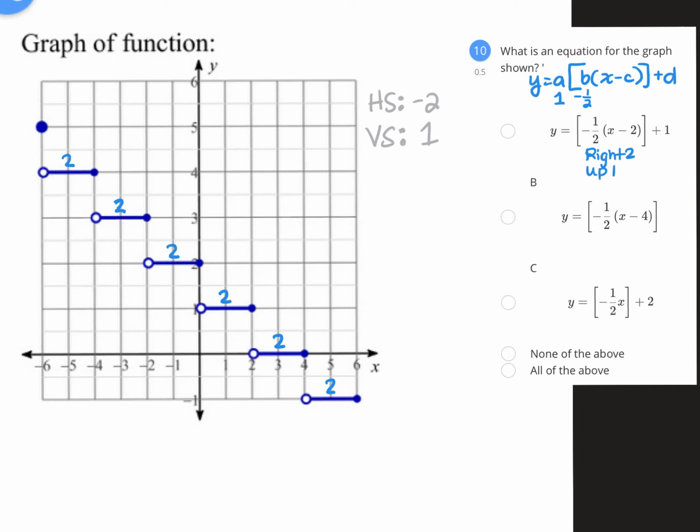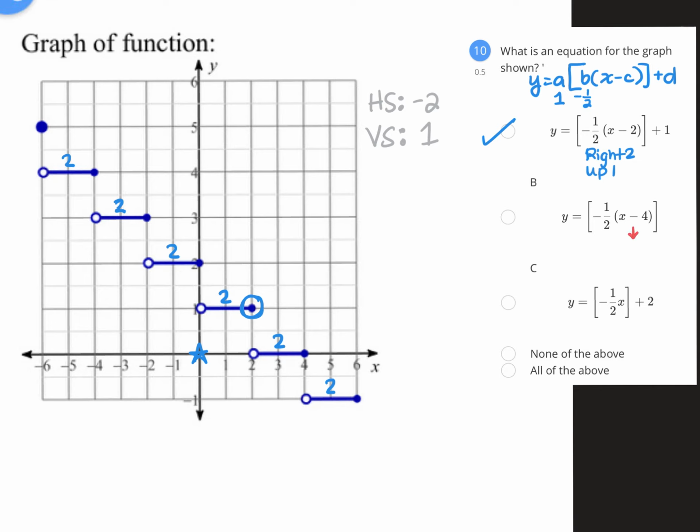If I look at my graph, and I'm always thinking about starting here at 0, 0, right? Did I go right 2 and up 1 to get a closed circle? And I did. So that one actually works out okay. And that actually is this point right here. Okay, so let's try the next one.